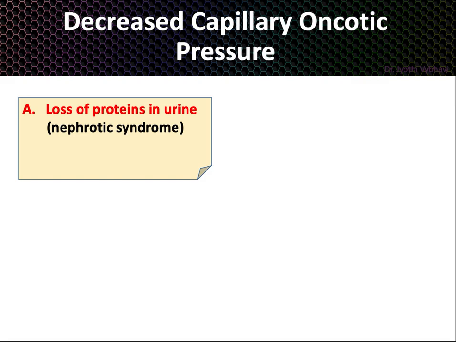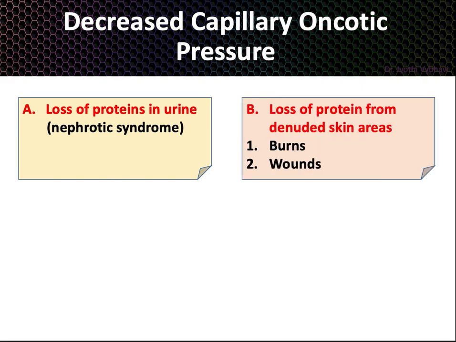When this loss exceeds the ability of the body to synthesize proteins, a reduction in the plasma protein concentration occurs. When the plasma protein concentration is reduced below 2.5 gram per 100 ml, we say that there is hypoproteinemia and there is decreased capillary oncotic pressure, which leads to more fluid accumulation in the interstitium.